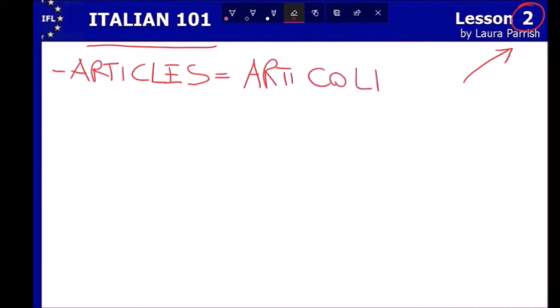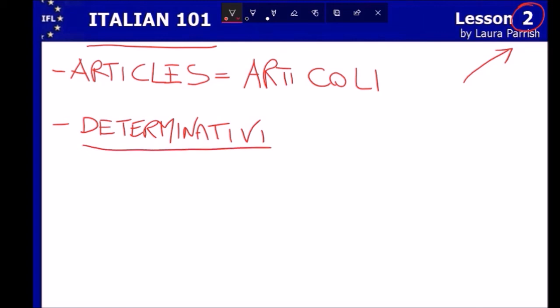And we have two types of articles. We have the determinative, so articoli determinativi, that is what in English is the cat. This is the determinative article.